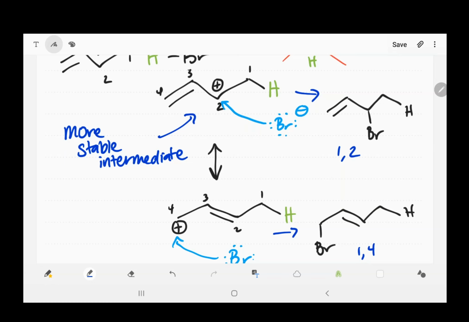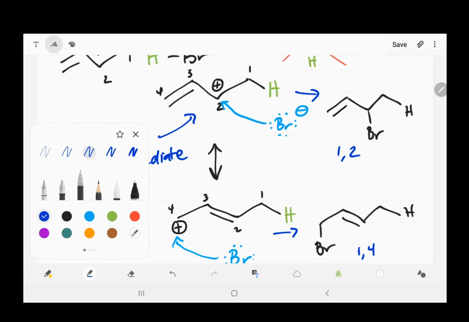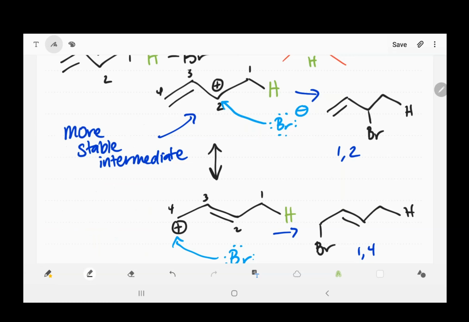Which alkene has more carbons on it? The 1,4, because the alkene would be, yeah. Yes, absolutely, I agree. So the 1,4, the alkene you get there has 2 carbons on it. The 1,2 has 1 carbon on it.